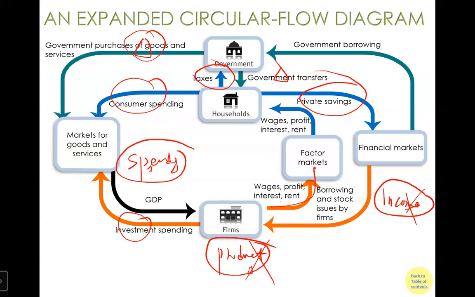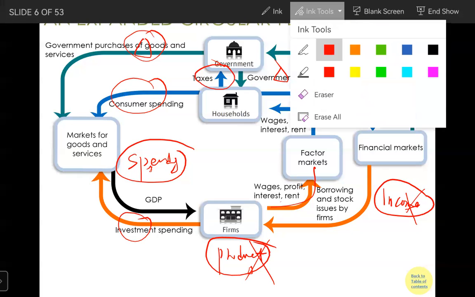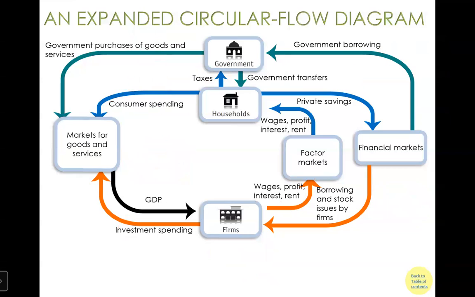Not only is a computer purchased by households, it may also be purchased by government, and by other firms. So you need to keep track of all the purchases among three different parties. So this is the introduction of financial market, right? So now we go to the last step to finish our picture.